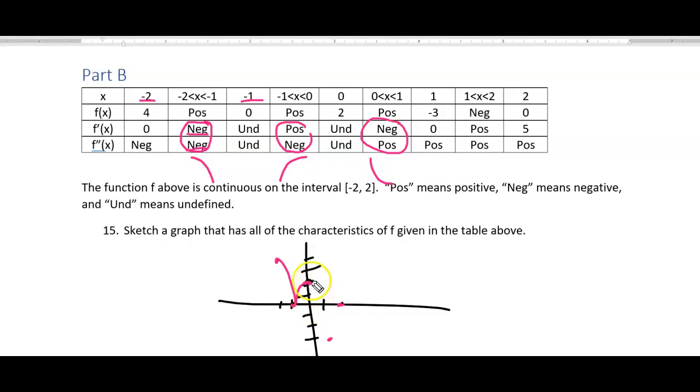This is going to be kind of tricky for me given how far I've spaced these points apart, but it's going to connect these in that fashion. So let me do my best to make a curved line without curving too much. There we go. So it's going down and it's concave up. Last one, positive and positive. So that means we're going up and we're concave up. So that's going to look like this, going up and concave up.